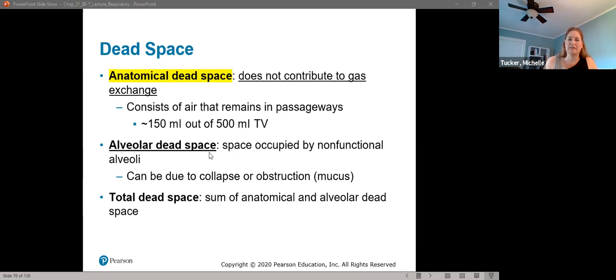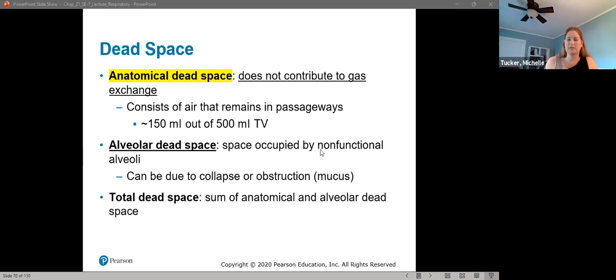Alveolar dead space is going to affect why we don't have 100% saturation. We've got a little bit of disconnect between ventilation and perfusion. And this is because not all of our alveoli are always available for gas exchange.